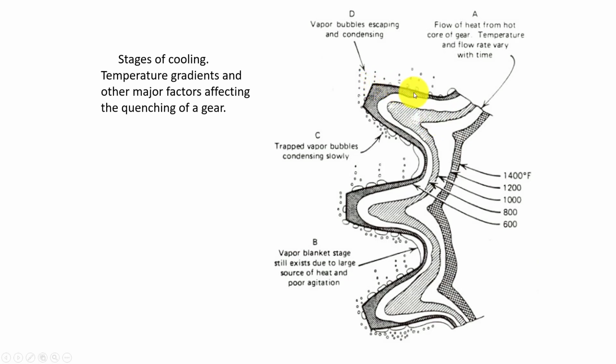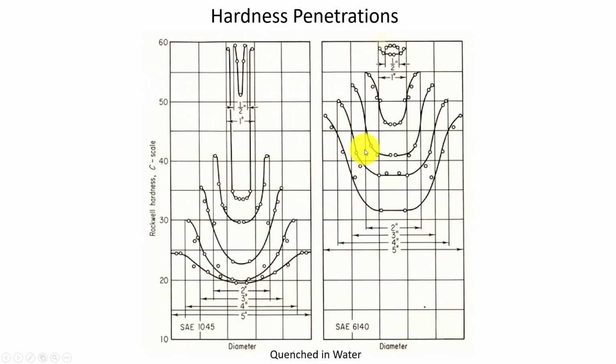So we would want to get all that under control in terms of our quenching rates, the quenching temperatures, the agitation that we do, as well as the shape of the part.